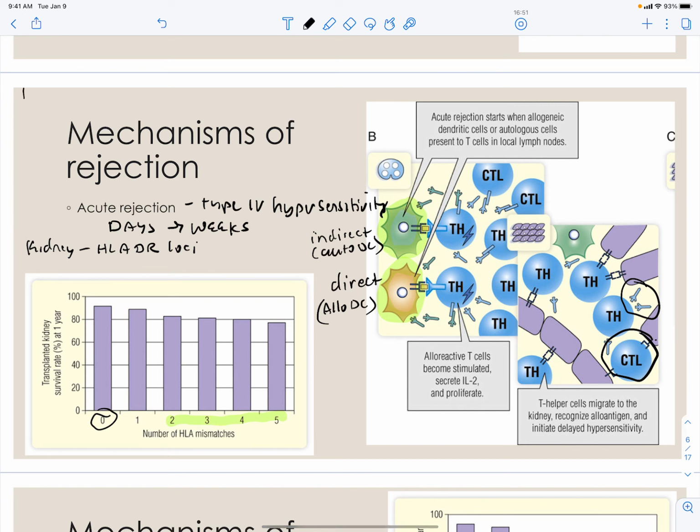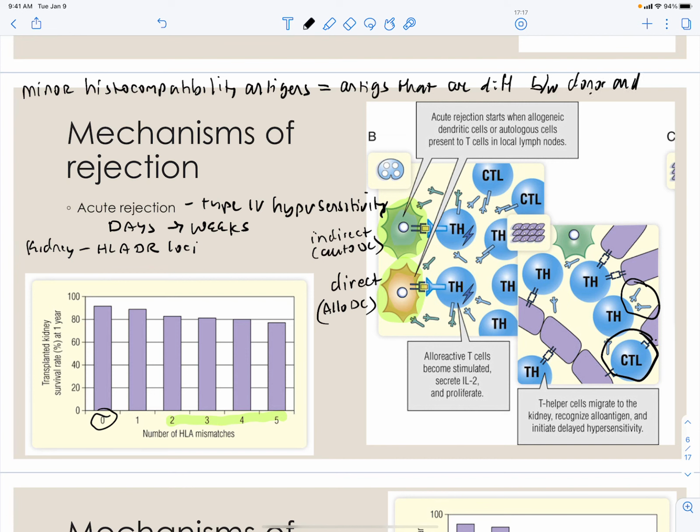So we have minor histocompatibility antigens, and these are antigens that are different between donor and recipient but are not HLA. That means any antigen that is different can also lead to a rejection.